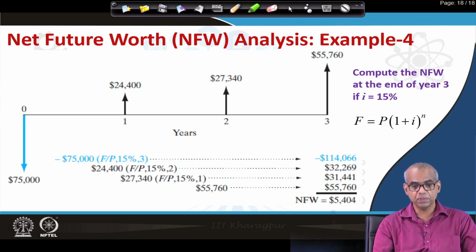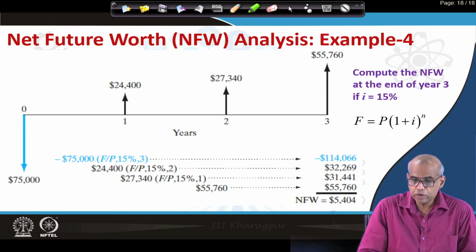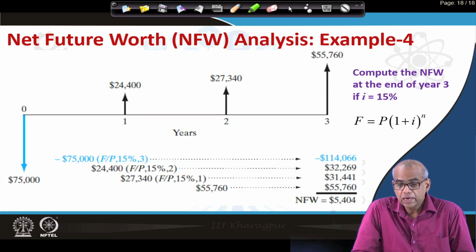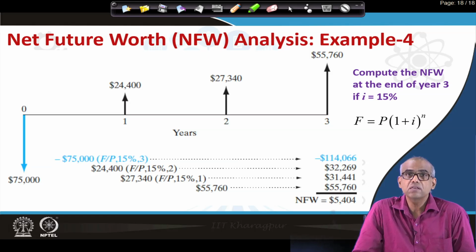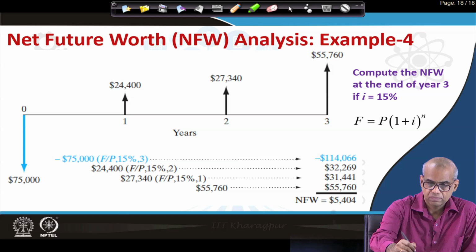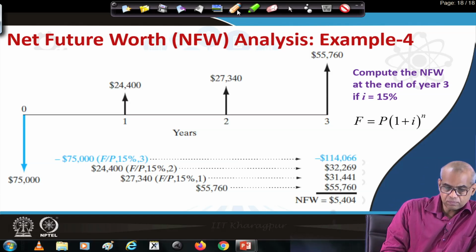Now, here is an example. You want to compute the net future worth at the end of year 3. So, you have a cash flow diagram which extends over a period of 3 years. Consider the rate of interest is 15%. So, what will be my computation?